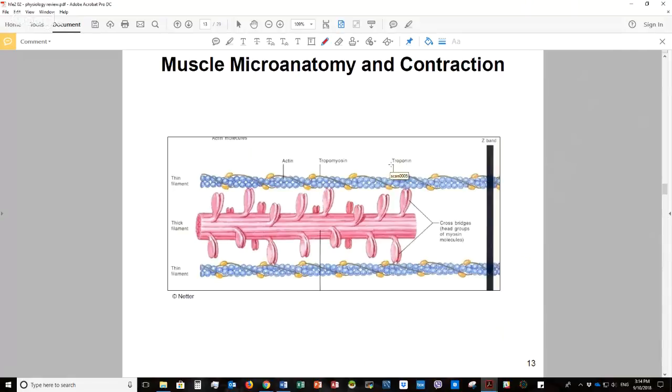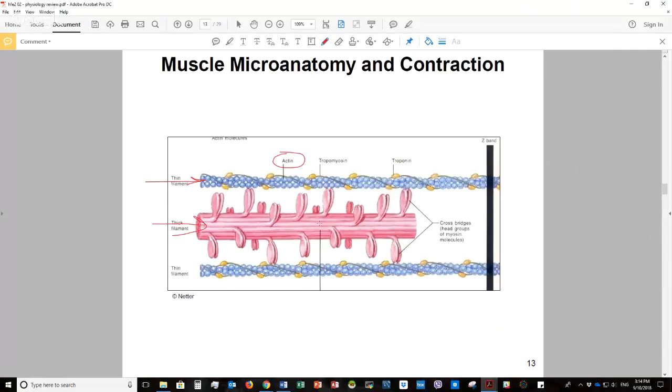All right, some quick anatomy, microanatomy for myofilaments, and then we'll talk about the physiology. So the thin filament is this blue filament here, the actin. And the thick filament is this one right here. Looks kind of like a muscle. It's the same color as steak.